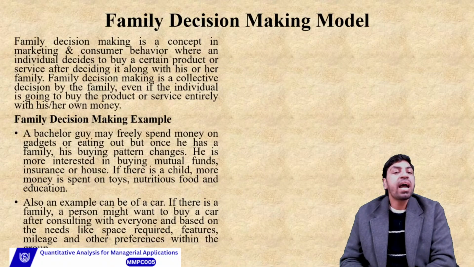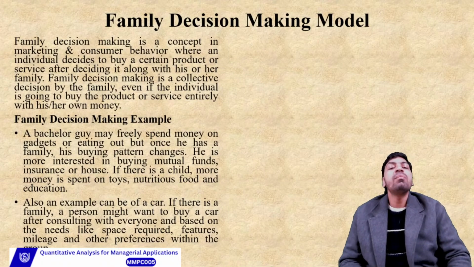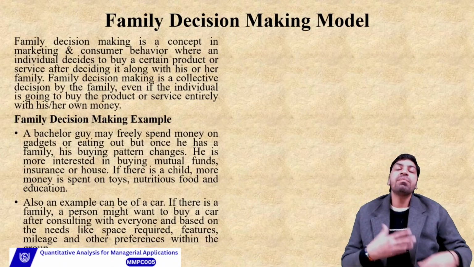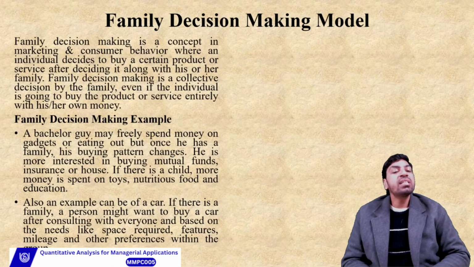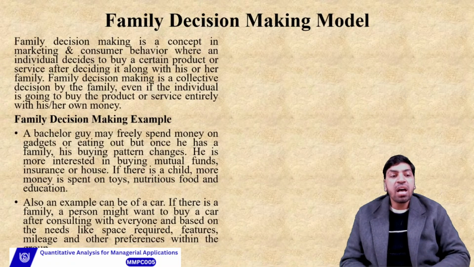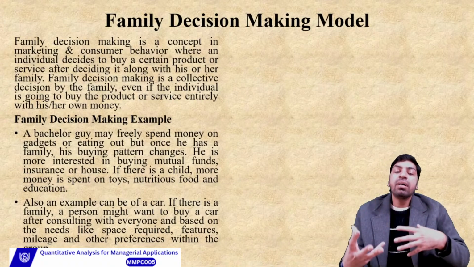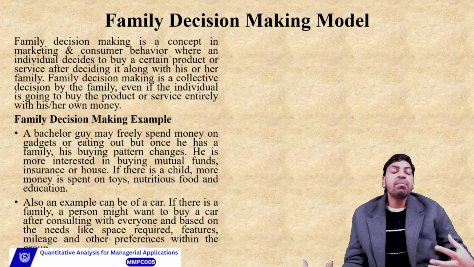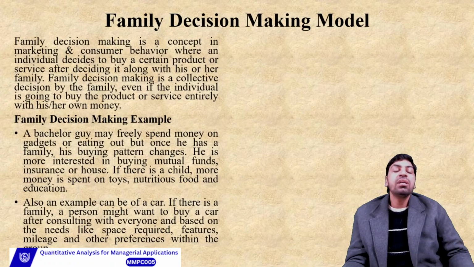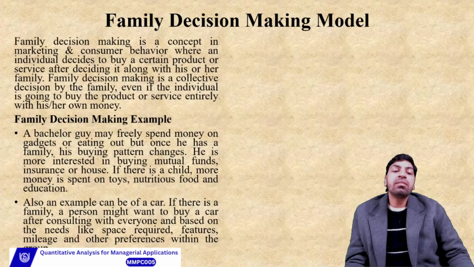A bachelor may freely spend money on gadgets or eating out, but once he has a family, his purchasing pattern changes. He becomes more interested in buying mutual funds, insurance, and a house. This is how buying behavior changes, because the family comes first.